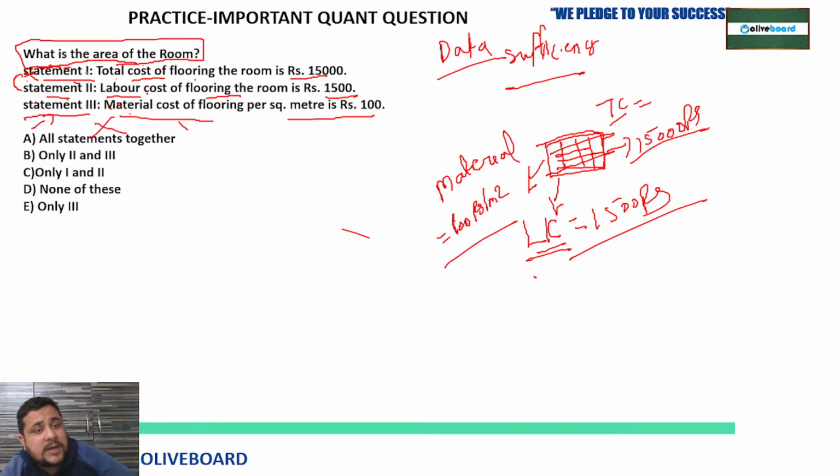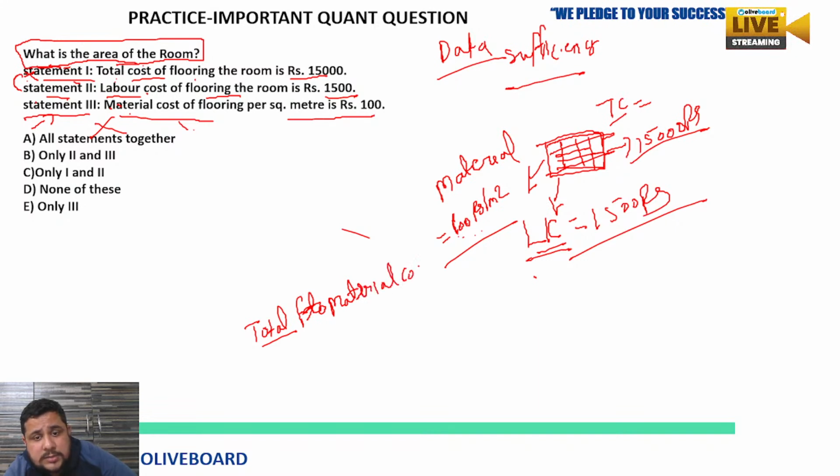But if I merge all three statements, one thing I can calculate from here. First of all, this is the per square meter rate. So the total material cost for the floor, because they are asking material cost.